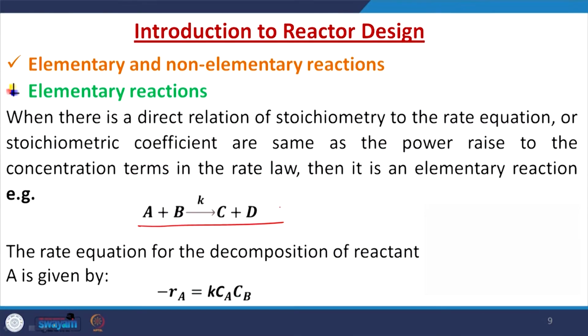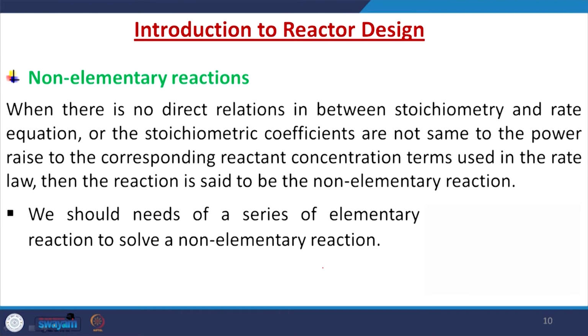Just as an example, the rate equation of the decomposition of reactant A is given by minus rA equal to k CA CB. So, this is purely based on this particular reaction.